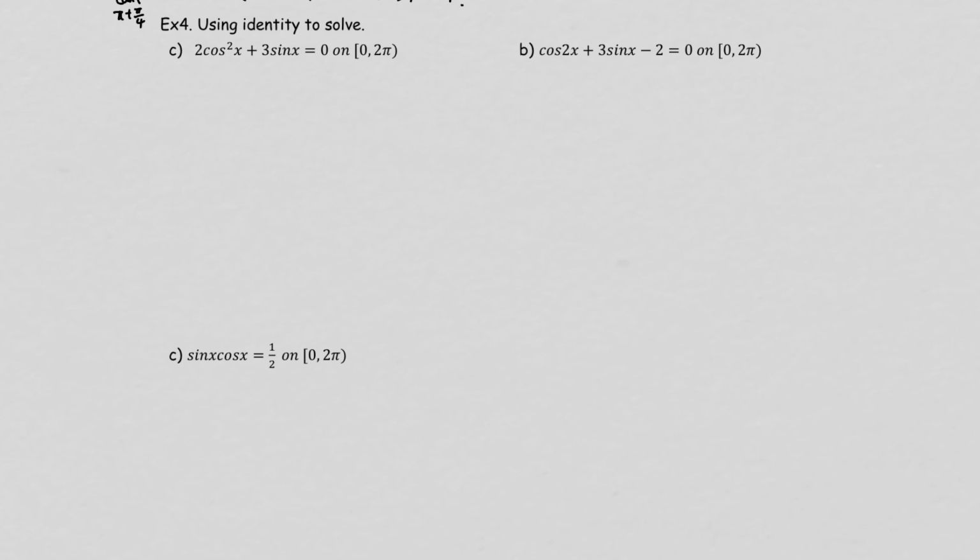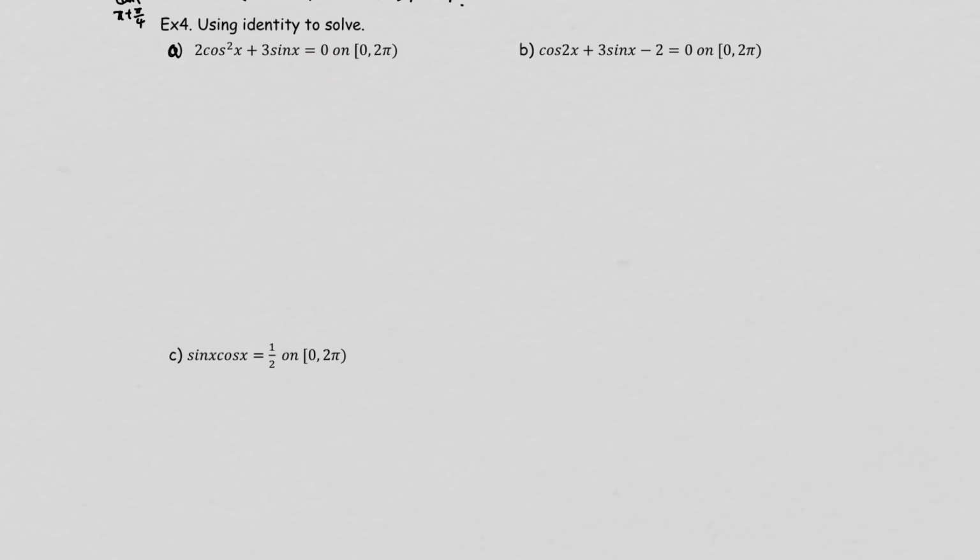So in this case, we're going to use identities to get the same trig functions. So this should be problem A, right? This first problem, we have 2 cosine square x plus 3 sine x equals 0.